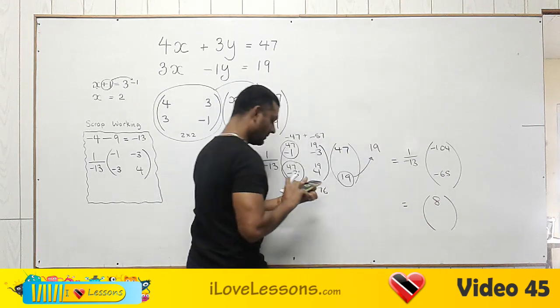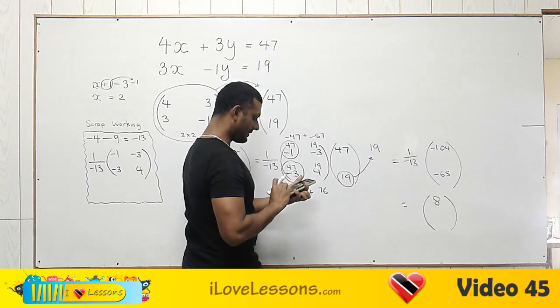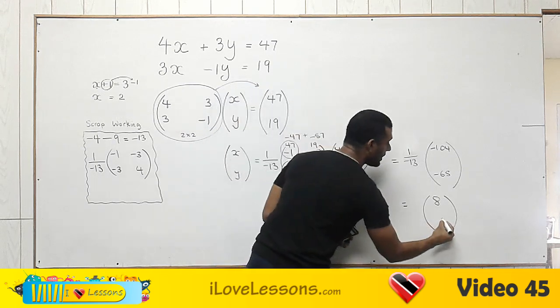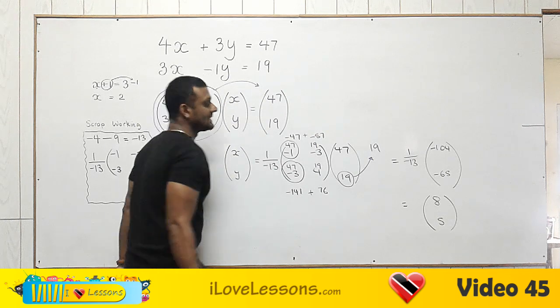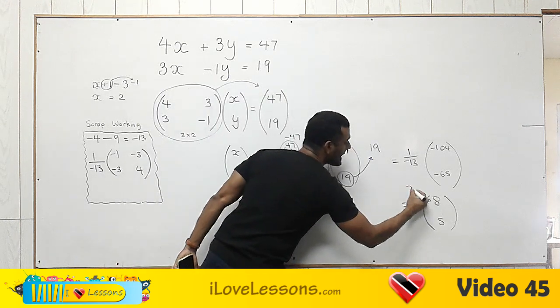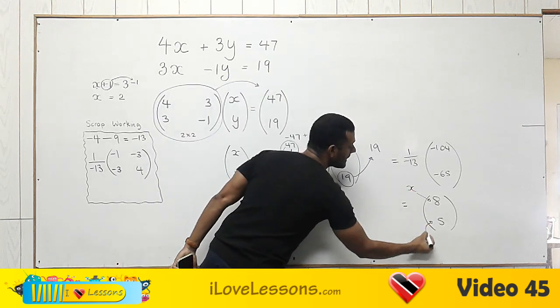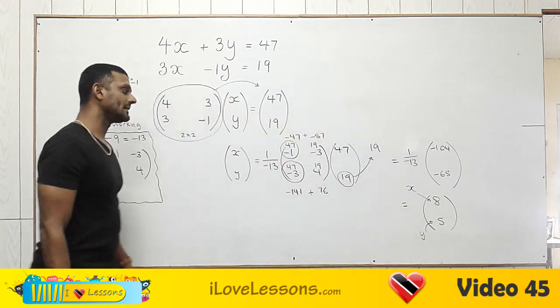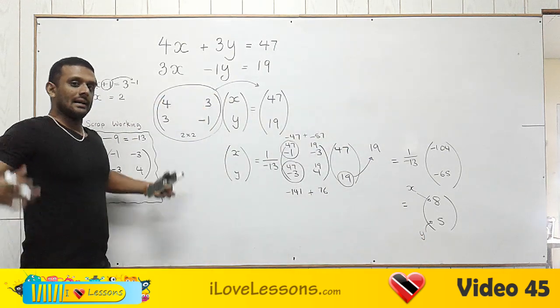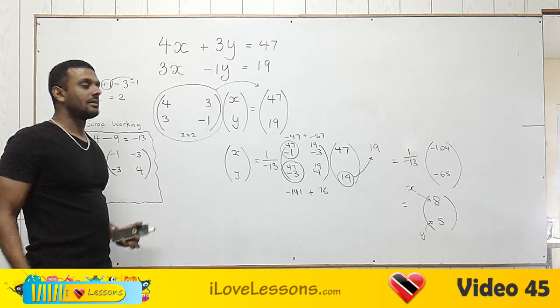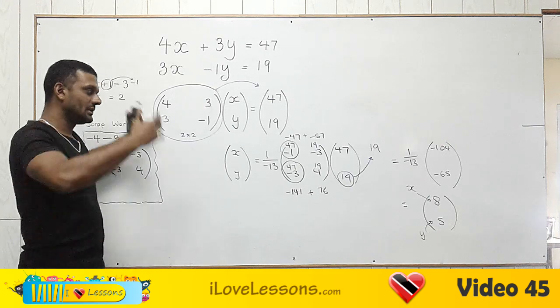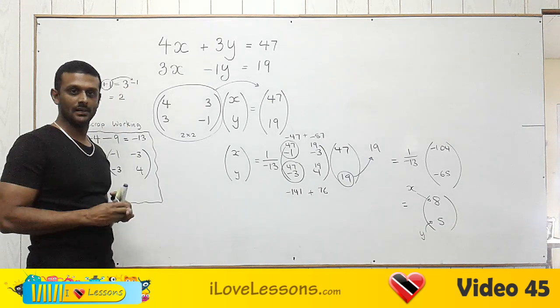And underneath, minus 65 divided by minus 13 is positive 5. The top value is your x solution, and your underneath value is your y solution. This is how you solve a simultaneous equation using matrices.